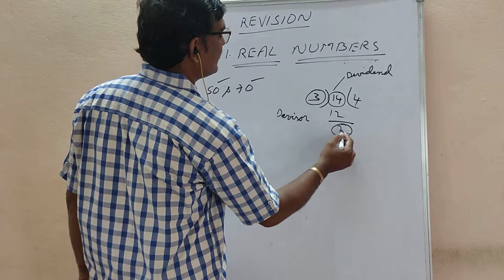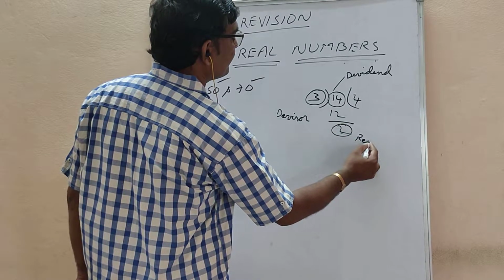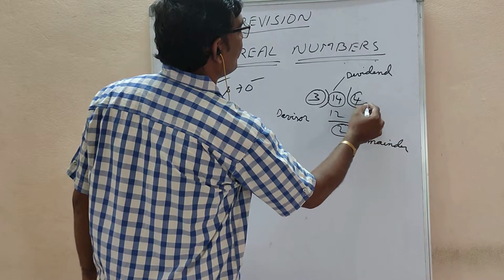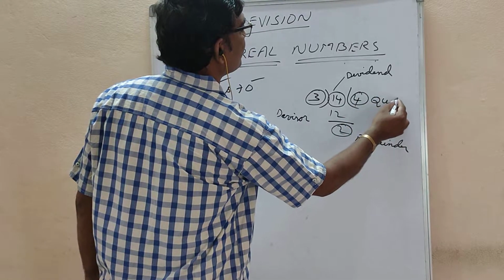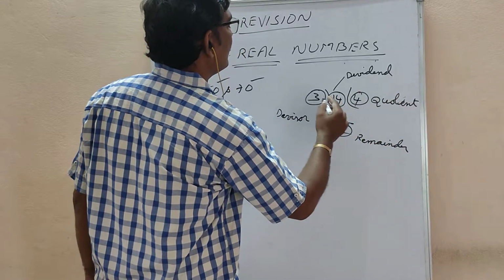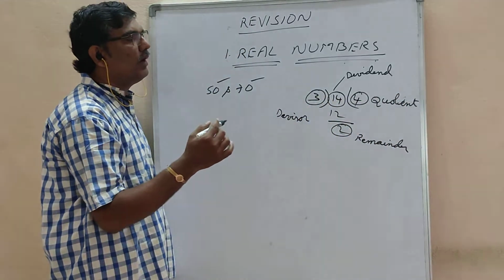This 2 is called remainder, and this 4 is called quotient. So you know what they are.